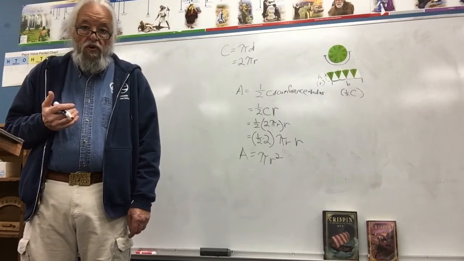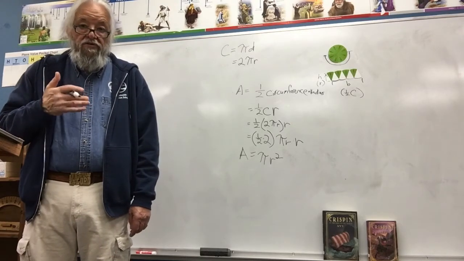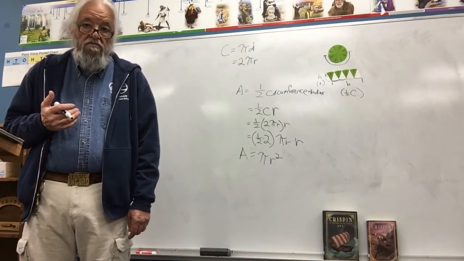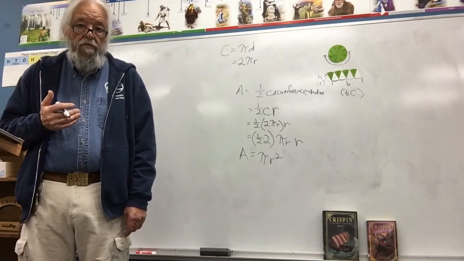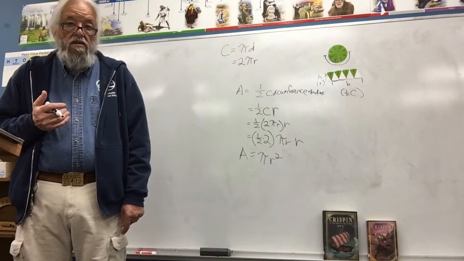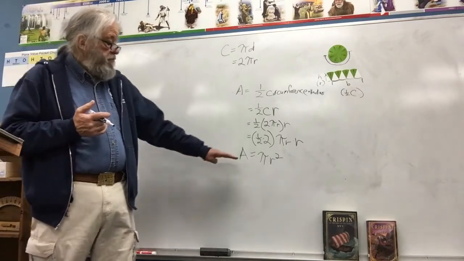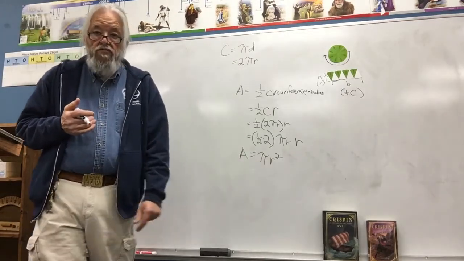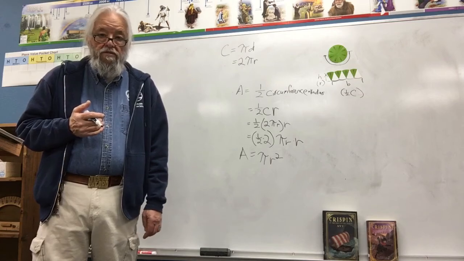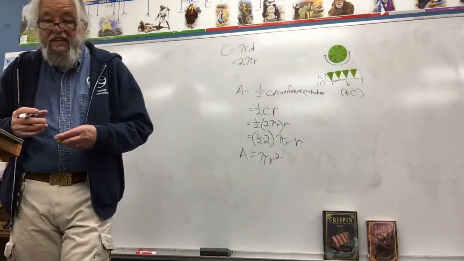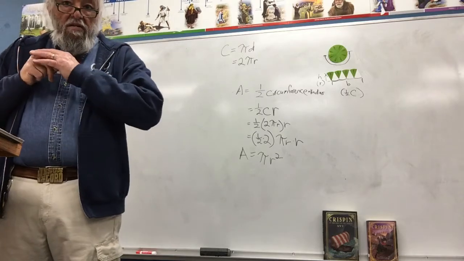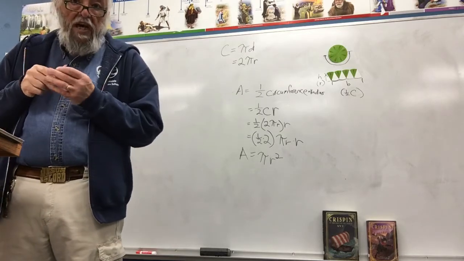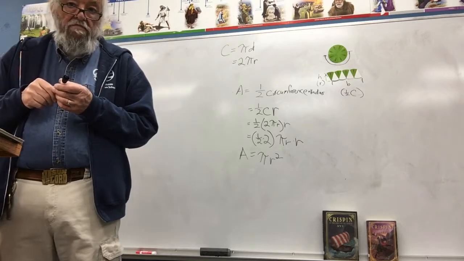If the radius was 4, 4 times 4 is 16. Not 4 times 2, 4 times 4. All right? And pi, we always use 3.14. That's it, guys. That's how you find the area of a circle. All right?